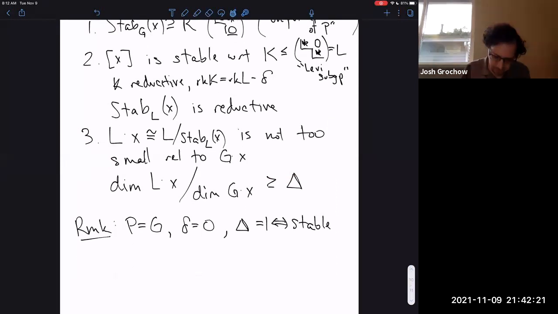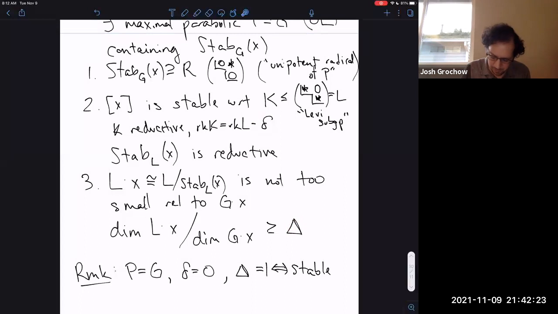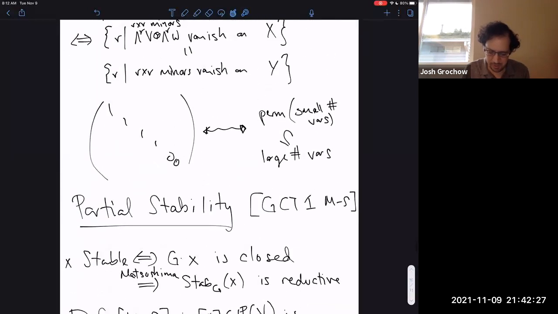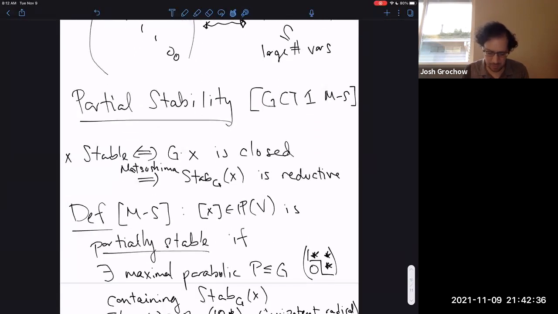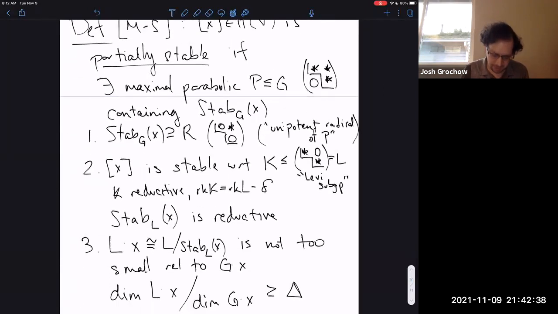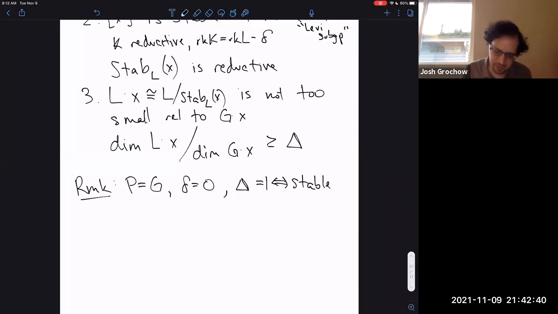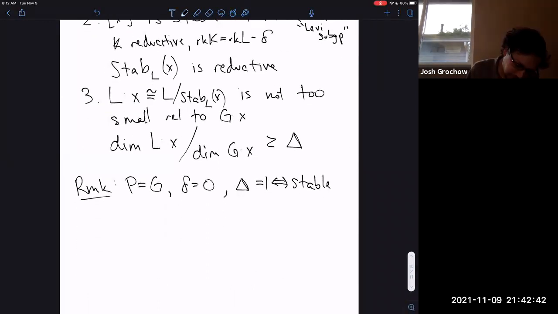But remember, the whole point is that if we allow these 2 bits of slack, we can handle examples like this. And this point, even in this big space, becomes partially stable, even though it's in the null cone. So partial stability gives us refined information about the null cone.